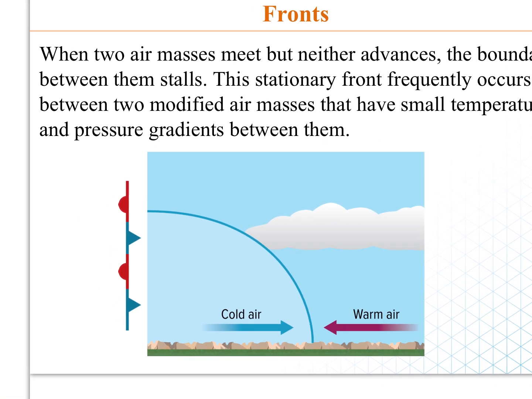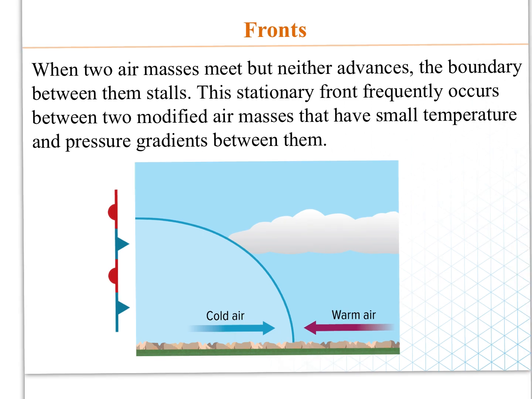Let's keep going. What happens if a cold front can't overpower a warm front? Well, in that case, you end up with a stationary front. And the stationary front, you can actually tell from the symbol, looks like a warm pushing against a cold. That's why you have the alternating sides. And basically you have these air masses that have now stalled. And if you're thinking, why would it stall? Well, just because you have a cold air mass and a warm air mass doesn't mean that there's a huge difference in temperature all the time.